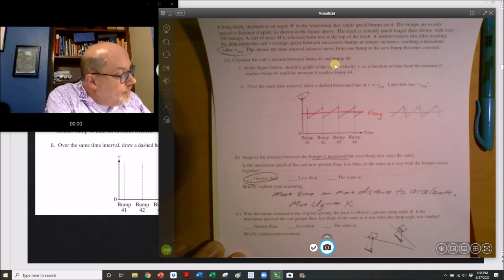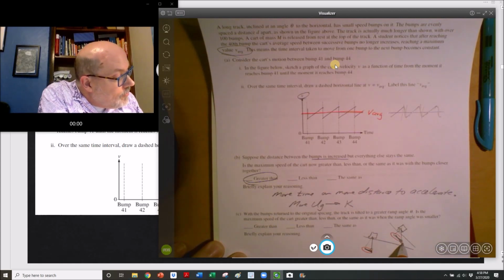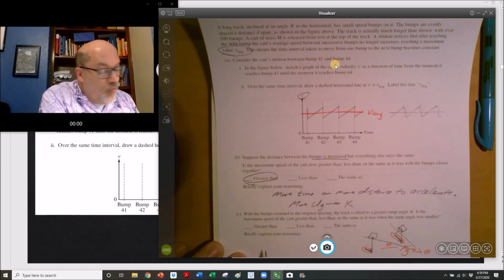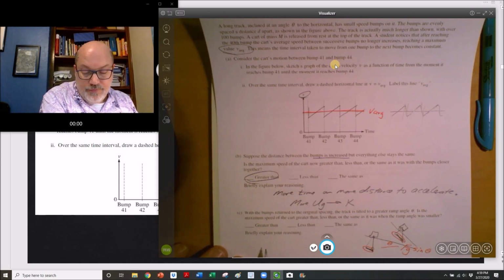You can see that this portion of the gravitational force gets bigger. The Fg sine theta portion, where this is our sine, that's our theta right there. So we're going to have a greater acceleration.